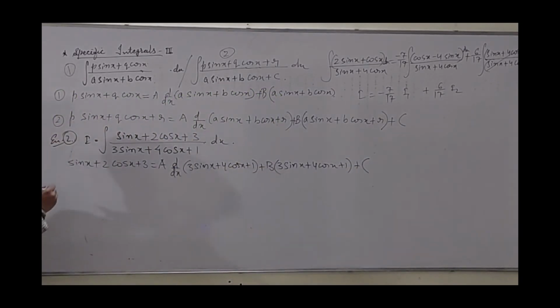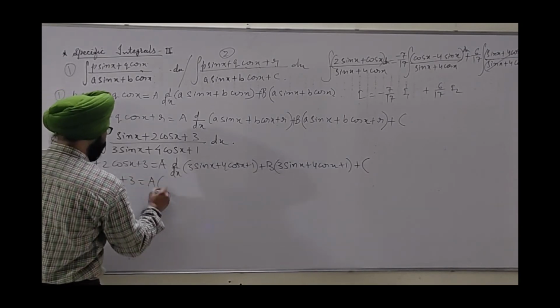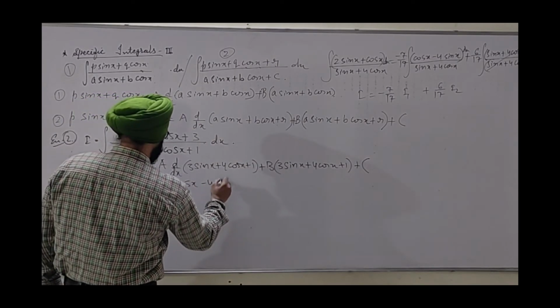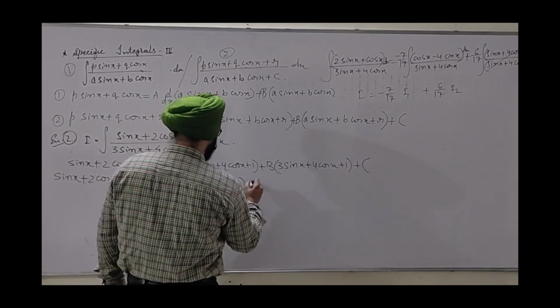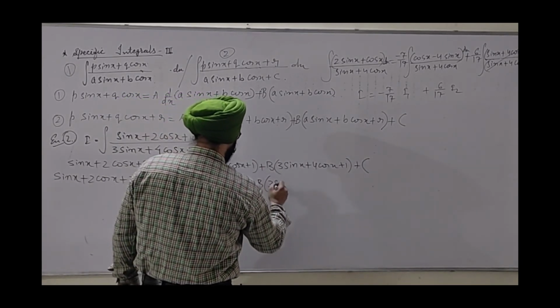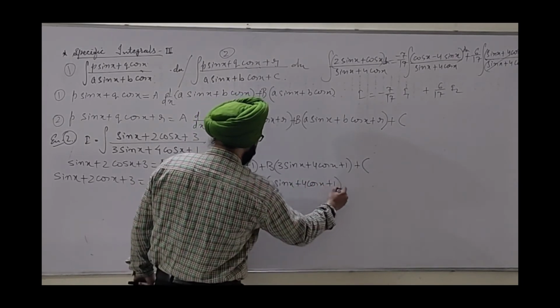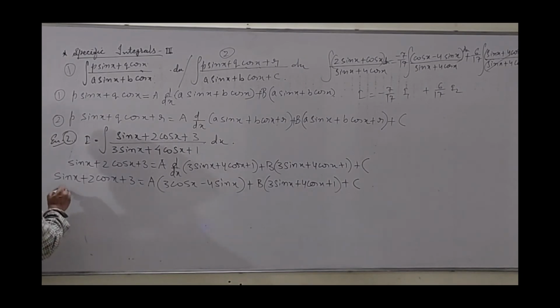So let's solve this. We get sin x plus 2 cos x plus 3 equals A (3 cos x minus 4 sin x), and the differentiation of 1 turns 0, plus B (3 sin x plus 4 cos x plus 1) as it is, plus C. Now opening the brackets, we will compare the terms.